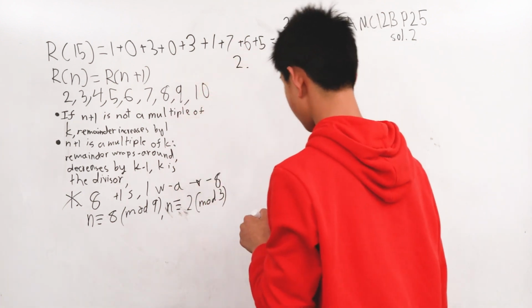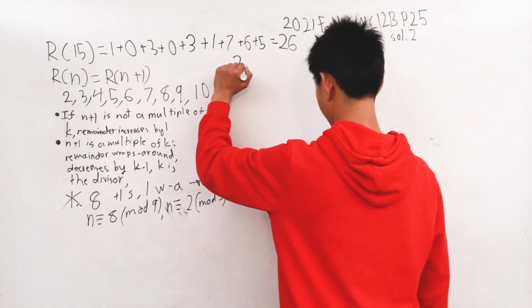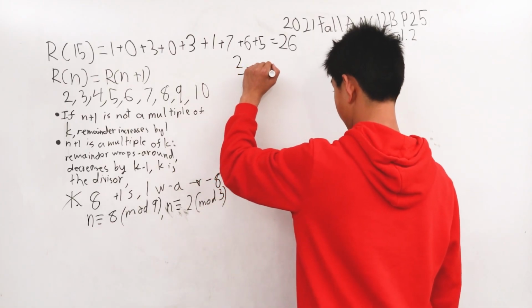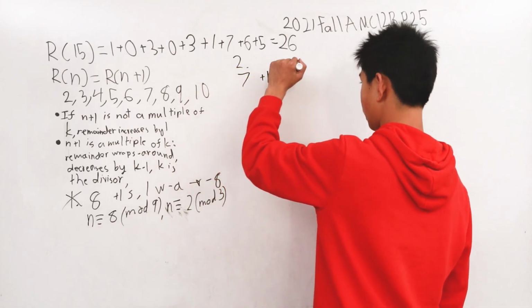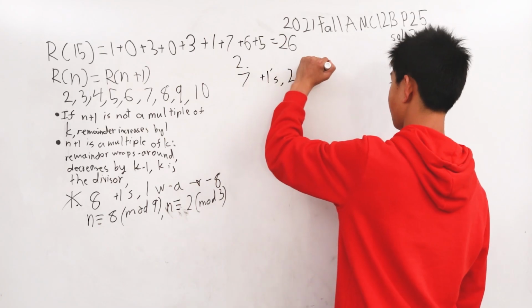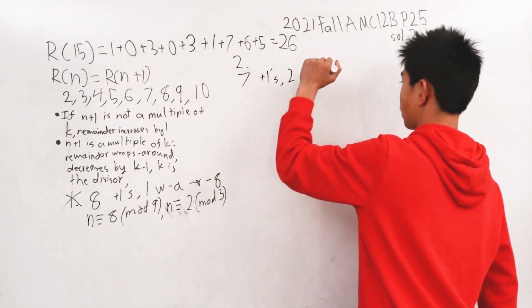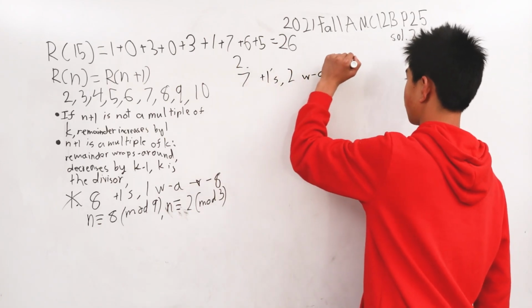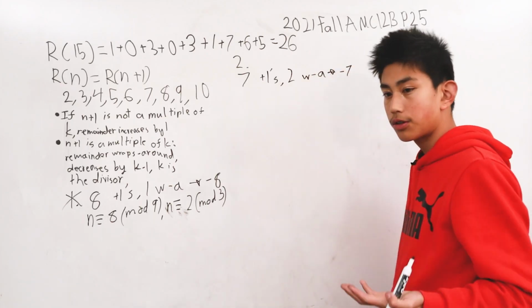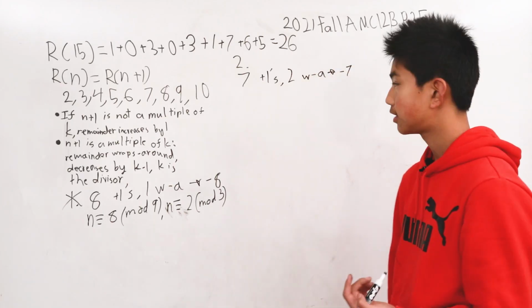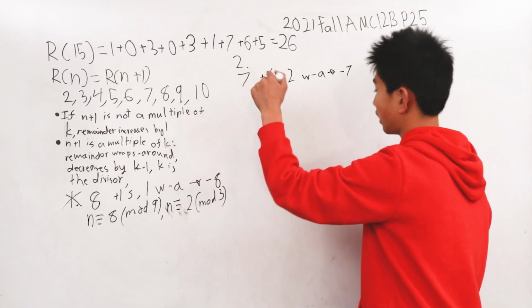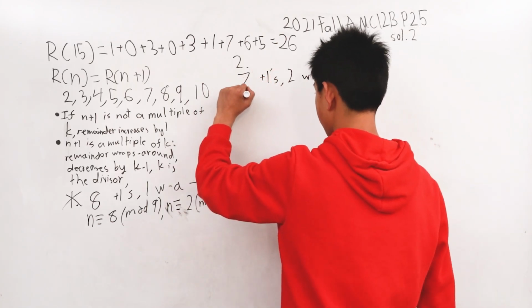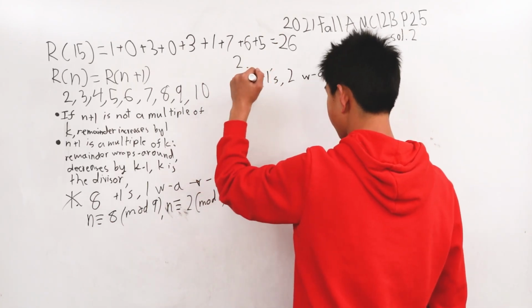Second case, we have 7 plus 1's and 2 wraparounds. Again, by our same logic, this has to equal negative 7. Since there are 2 wraparounds, we can set them in pairs that sum to 9.